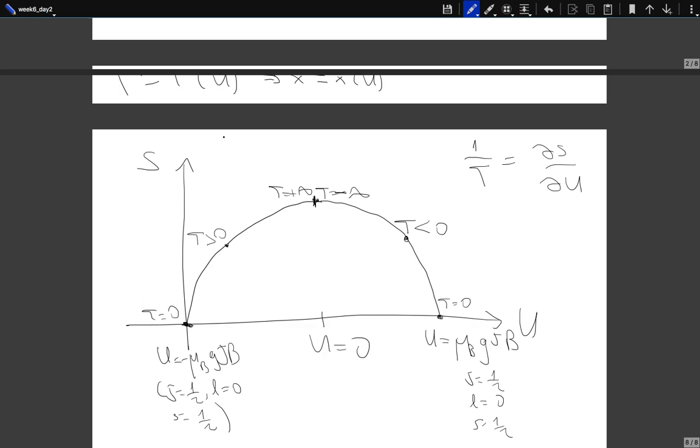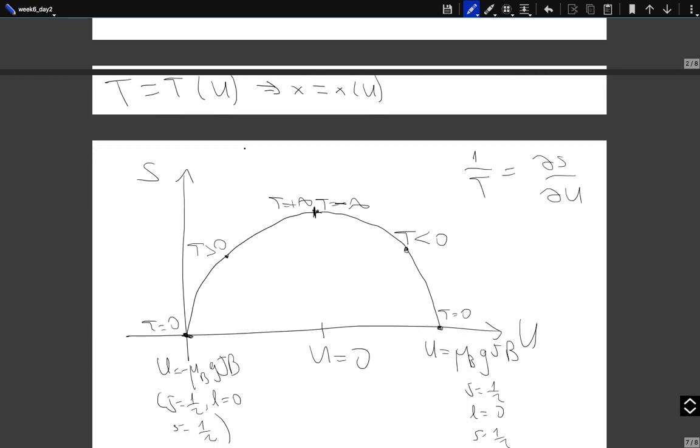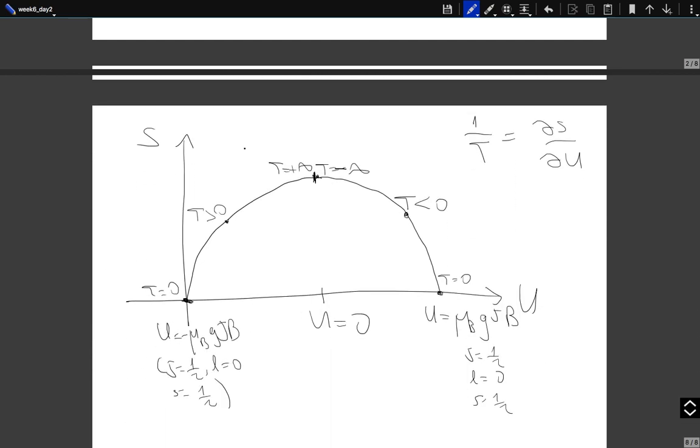For a spin 1/2 particle, just assume we have only one particle, and let's say U is 0, which means that particle could be in a spin up state or spin down with equal probabilities, right? So in that case, we have 2 microstates, right? Yes.